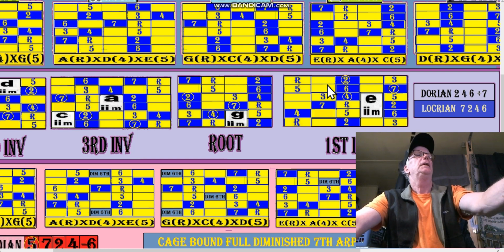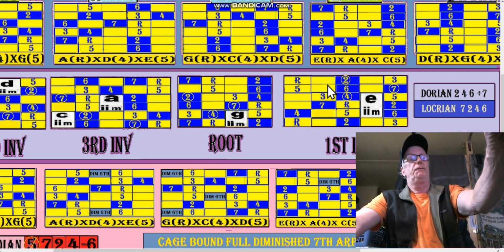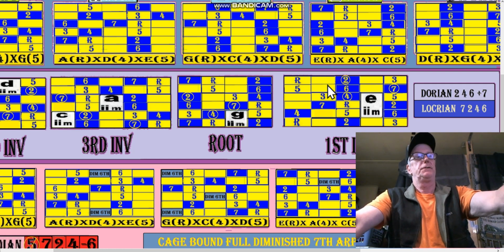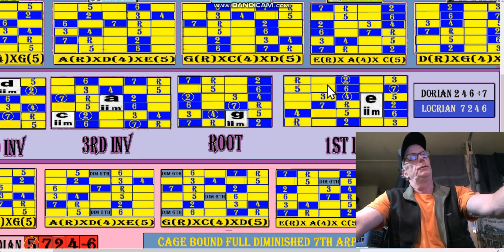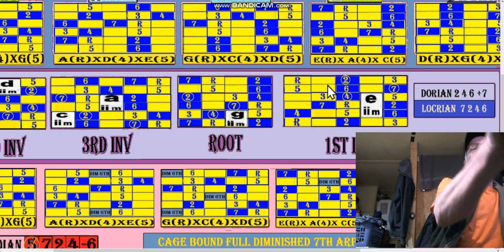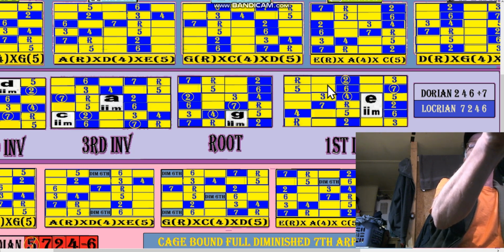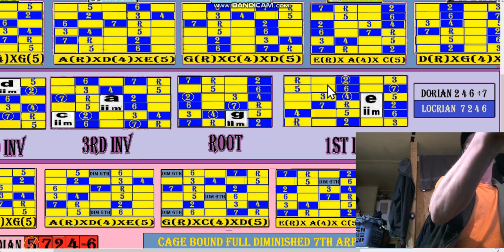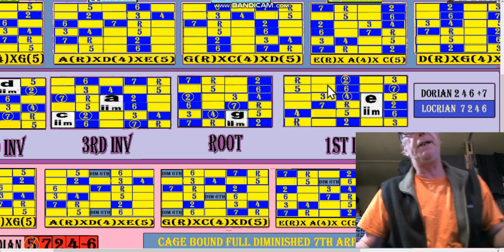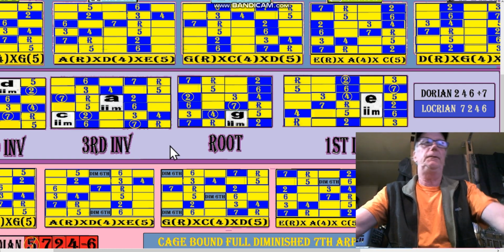Now, if you play the 5th dominant 7th, 5 7 2 7, it doesn't matter what key. Watch this. Still 5 7 2 4, 5 7 2 4. That's all it is in any key.